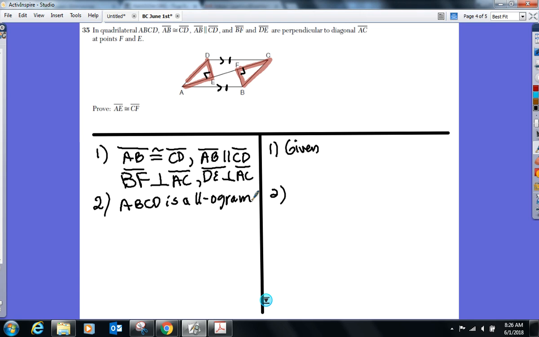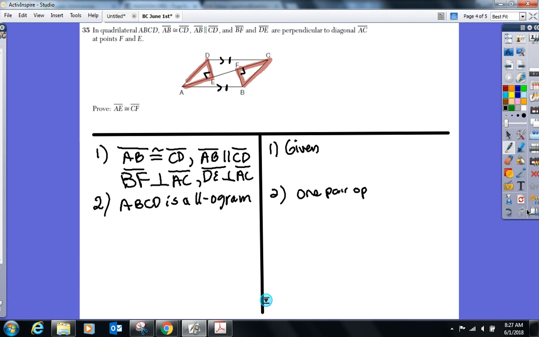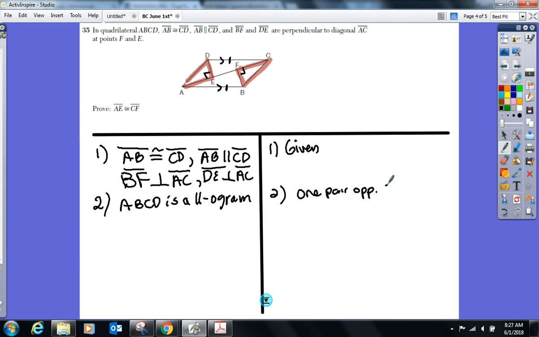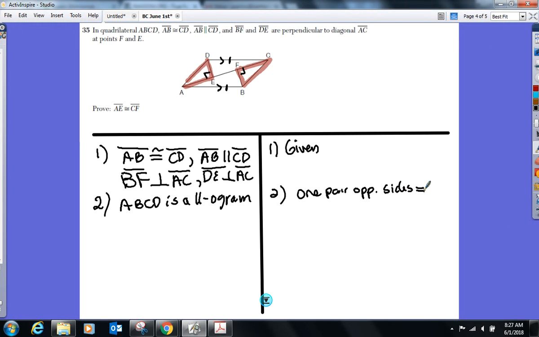Madeline. Our little special case. Remember, if you have one pair of opposite sides congruent and parallel, that tells me that bad boy is a parallelogram.